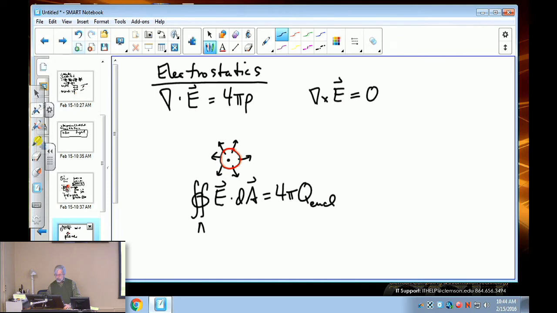So this is an area that bounds, or a surface that bounds, a volume. Okay, a two-dimensional integral measuring the flux of the electric field coming out. So this was Gauss's law, which was the integral version. The differential version is Gauss's law, but just in differential form. That was Maxwell's first and third equations in the electrostatic case.